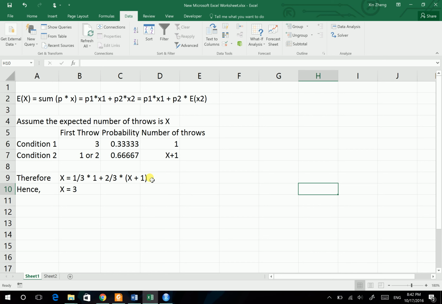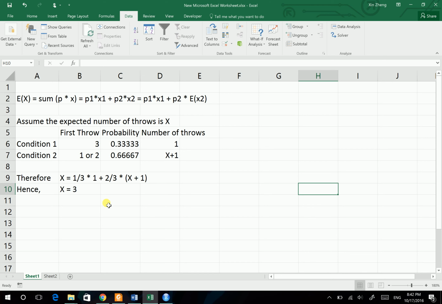So the expected number of throws to get 3 is always x, but here in the first throw you failed once, so you have to count this once, so it's going to be x plus 1. It means that under the condition that you get 1 or 2 in your first throw, the expected number of throws to get 3 is x plus the one you did before.